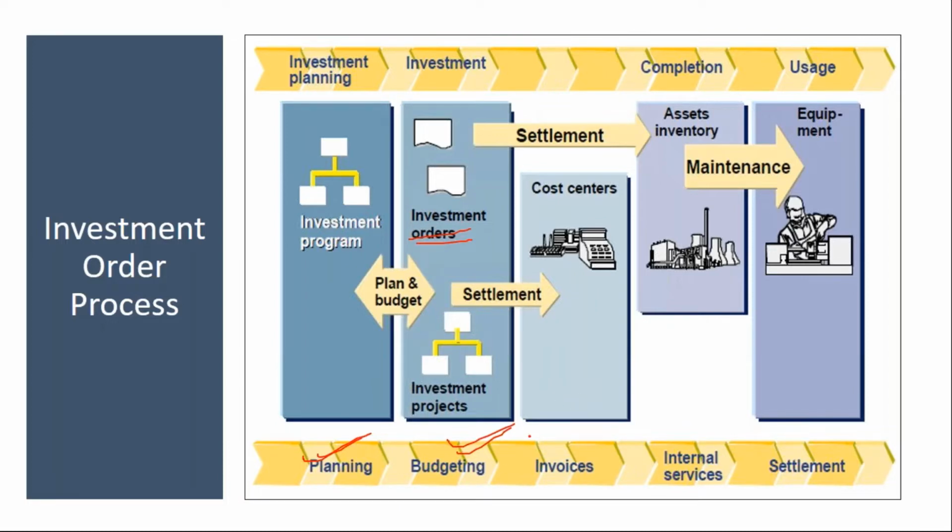After that, the installation and commissioning will happen. Finally, the asset gets generated, and once everything is completed, they will create an equipment. Initially, there will not be any equipment because it is newly purchased. After the installation and commissioning, they will do the equipment creation. So this process we will cover in the system today.